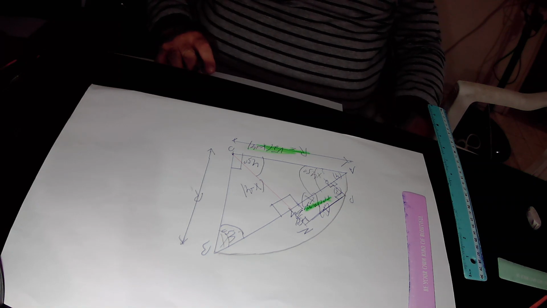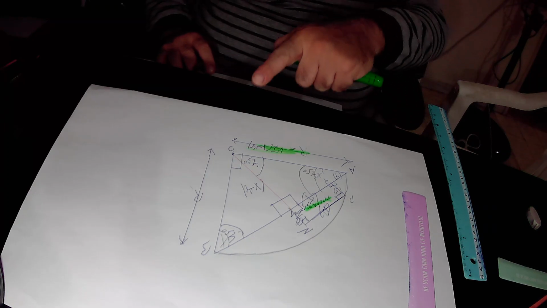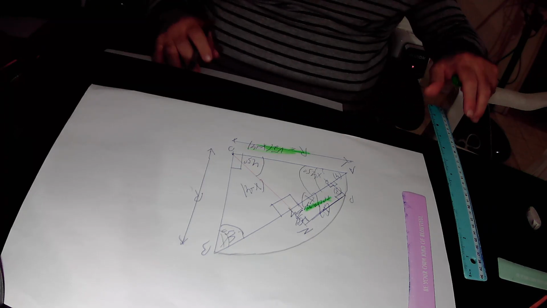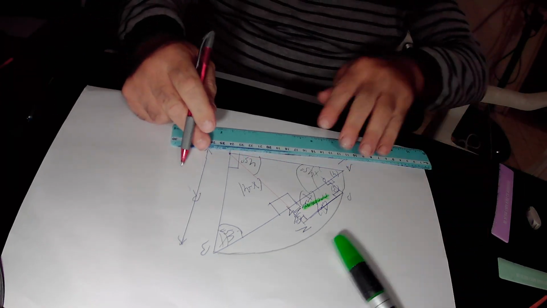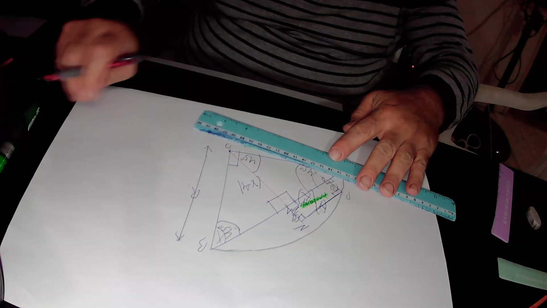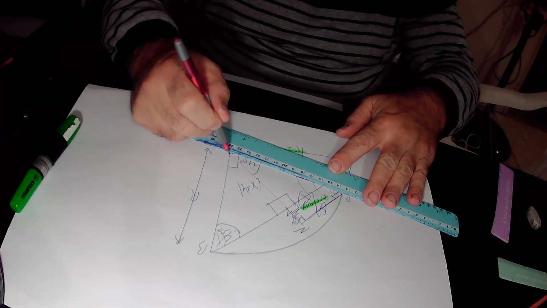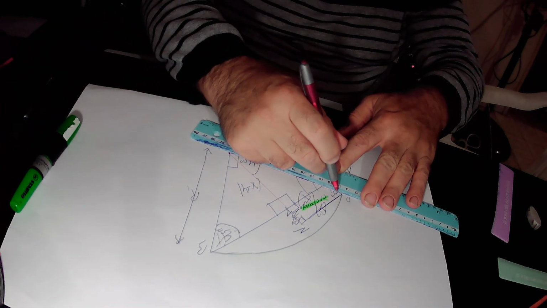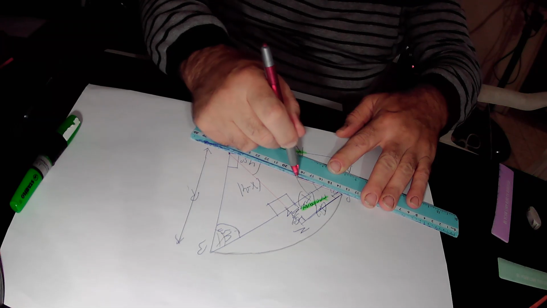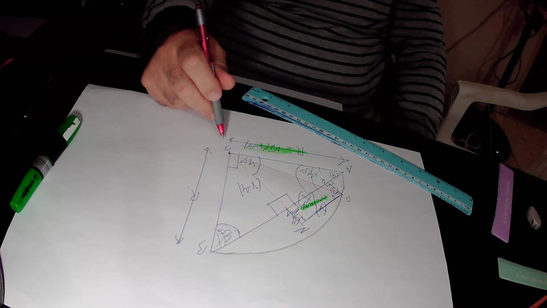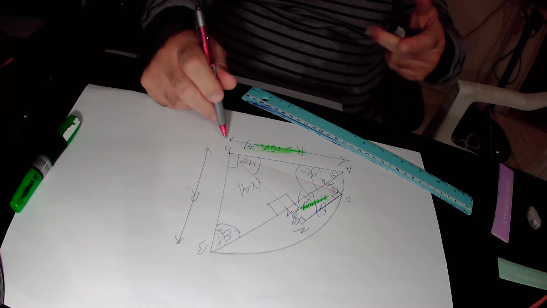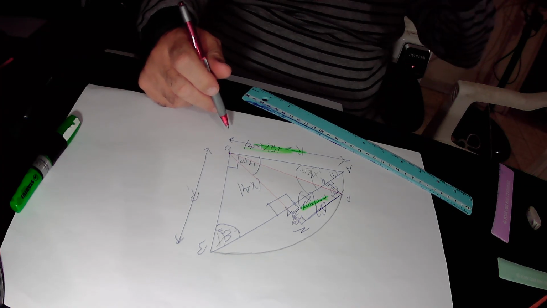In the next step, we will join points O and P together by a straight line. What is the definition of line segment OP? Line segment OP starts from point O, that is the center of this quarter circle, and ends at point P, that is a point on the quarter circle itself.